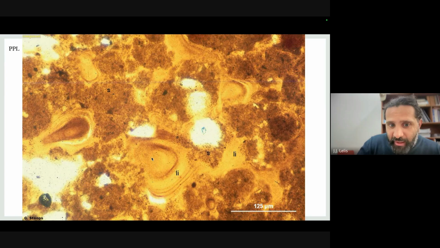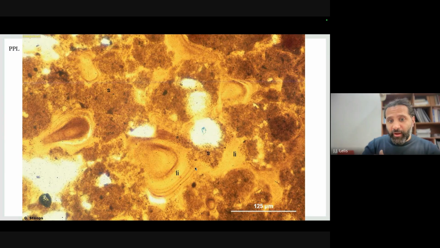But in this case, you can see even some layers. Can you see them? The layers? These layers are showing you that the clay is concentrated in the voids and deposited at the surface of the peds.